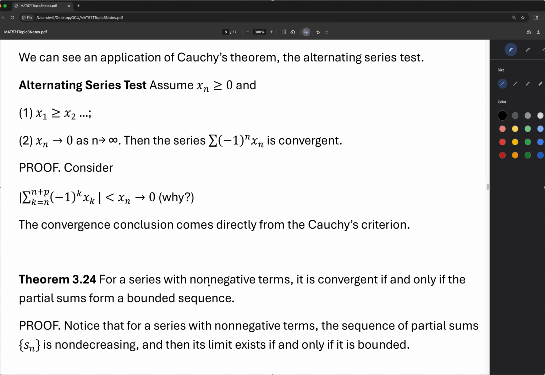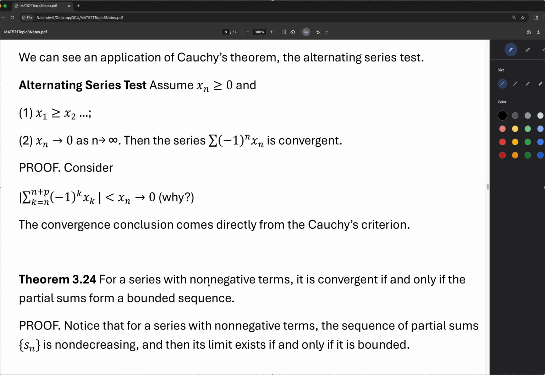Our alternating series can be formed in this fashion: starting from a series with all positive terms, multiply each term by -1 to the power n, and that is an alternating series. And also we have the alternating series test, which is derived from the Cauchy's criterion.